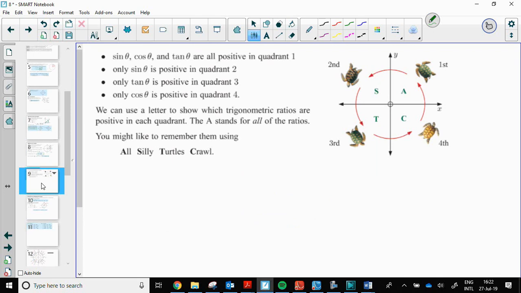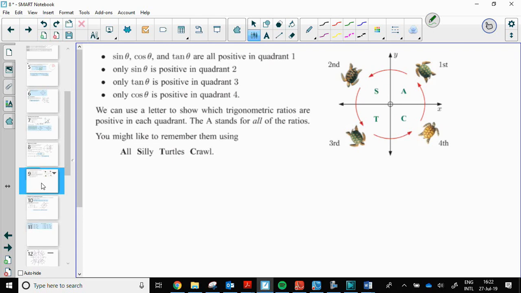Tangent is the only one with positive values in the third. And cosine is the only one with positive values in the fourth. And this should make sense, again, if you consider sine and cosine and tangent in terms of the x and y coordinates. In the second quadrant, we have a negative x value but a positive y value. So that should be a negative cosine but a positive sine, and so on.